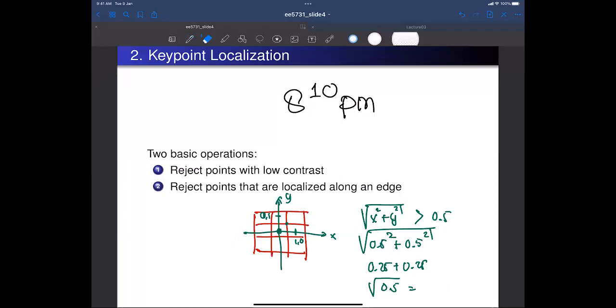I think it should be 0.5 multiplied by the square root of 2. So what is the square root of 0.5? It's 0.5 multiplied by the square root of 2. What's the value there? Oh, it's smaller. So 0.5 means that even the longest one gives you the location of the next pixel. Sorry.